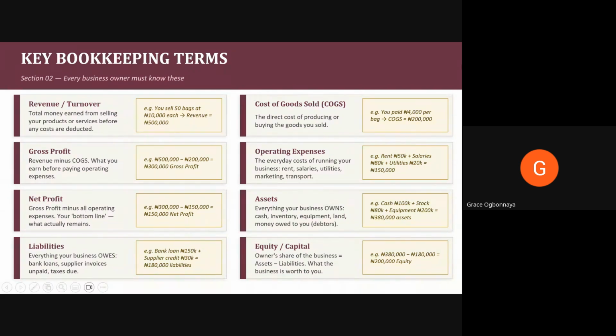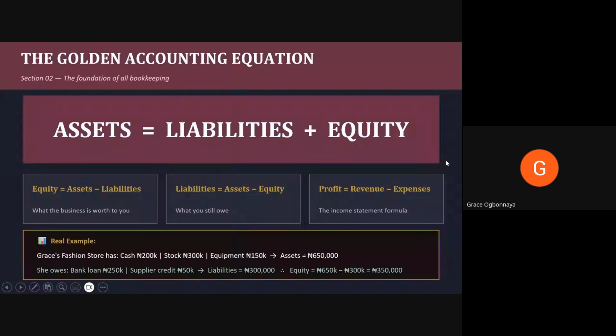So that is equity. So there's a golden accounting equation, and it's the foundation of every bookkeeping. It basically means that your liabilities, what you are owing outsiders, plus what you contributed to your business, should equal your assets.